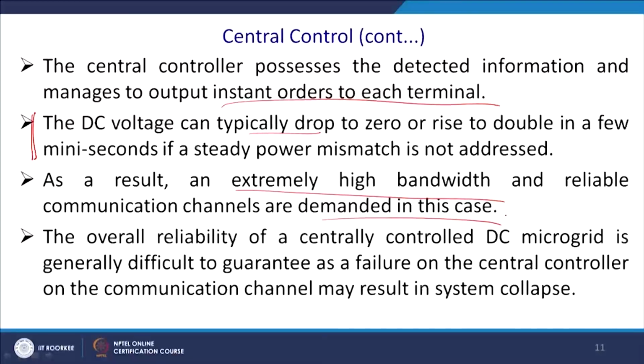And the overall reliability of a centrally controlled DC microgrid is generally difficult to guarantee, as a failure of the central controller or the communication channel may result in total collapse. So, if some portion of the microgrid is not feeding the right data, then you may collapse the whole system.